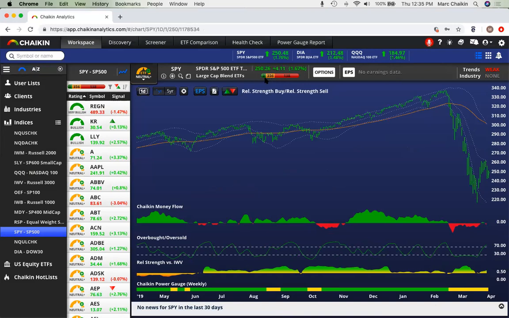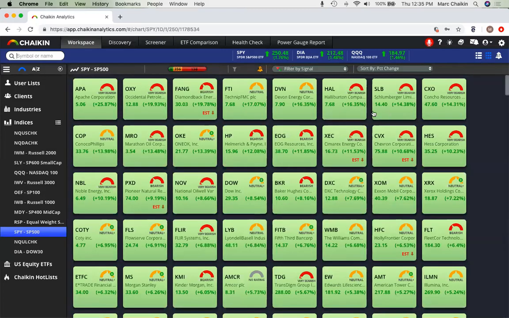So with only 3 bullish rated stocks, and here they are, Regeneron, Kroger, and Eli Lilly. We've just analyzed the S&P 500 using a very powerful fundamental quantitative indicator in seconds. That's how technology can help you be a better trader or an investor. We can also look at the S&P 500 based on what's happening today.